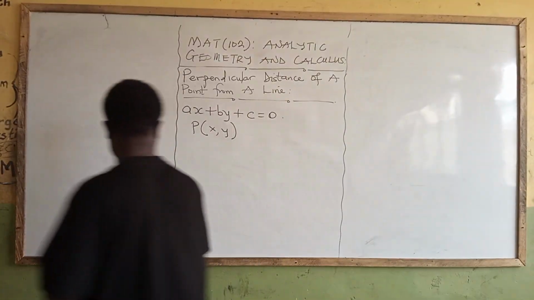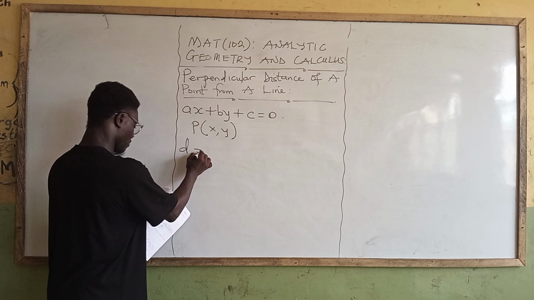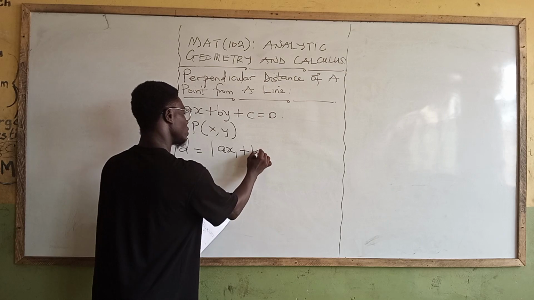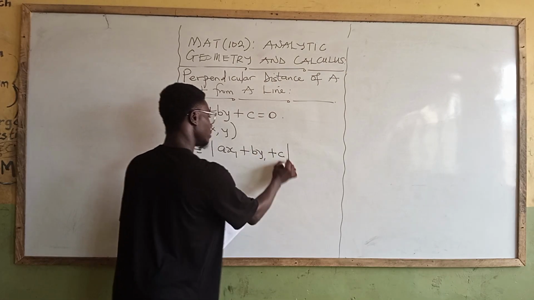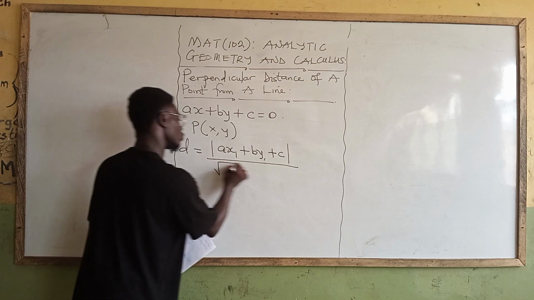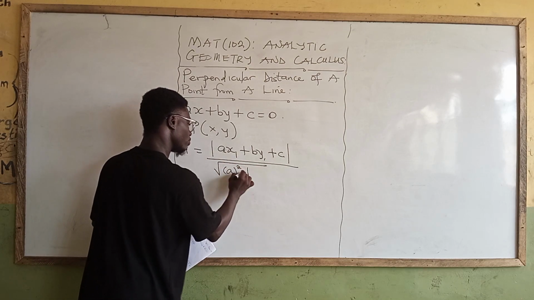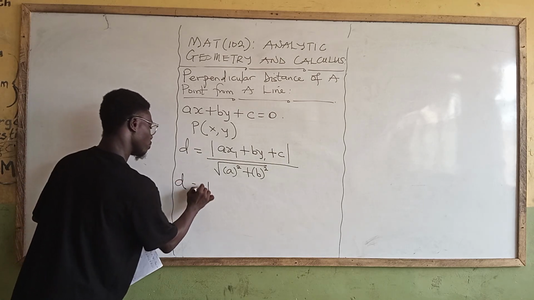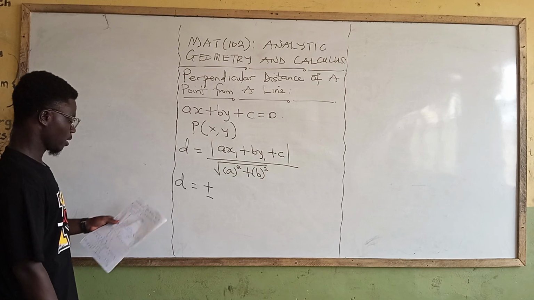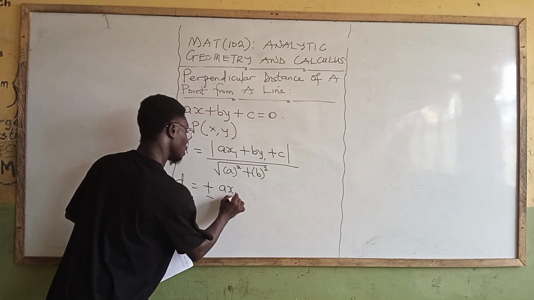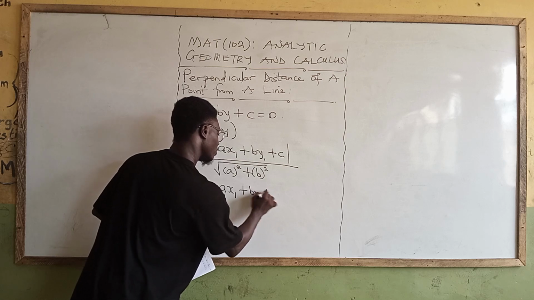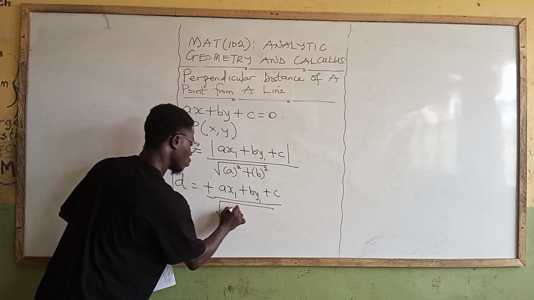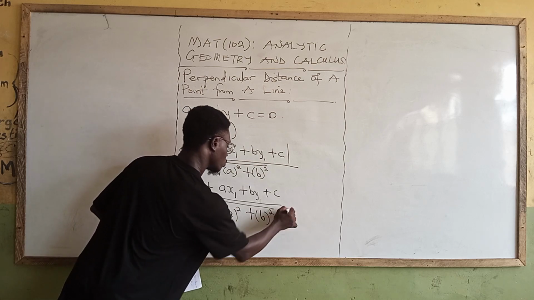It's given by d equal to the absolute value of ax1 plus by1 plus c, all divided by the square root of a squared plus b squared, which is the same thing as plus or minus ax1 plus by1 plus c, all divided by the square root of a squared plus b squared.